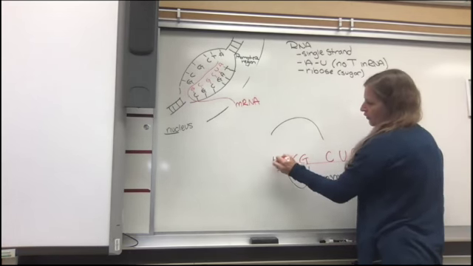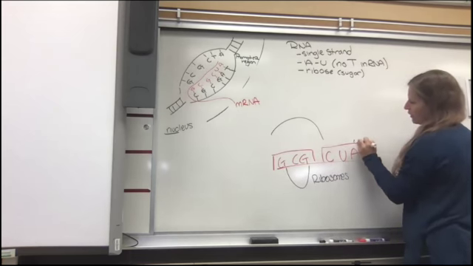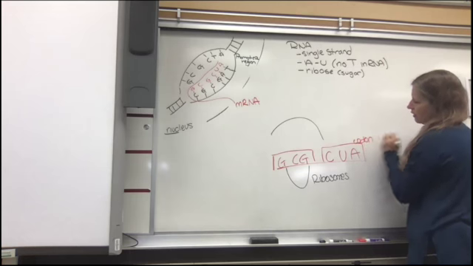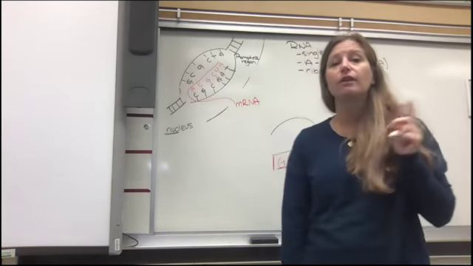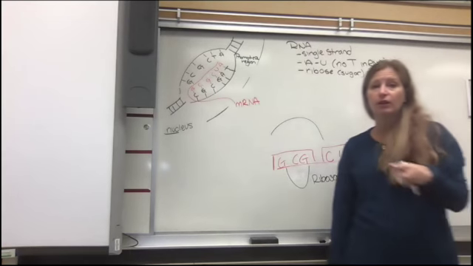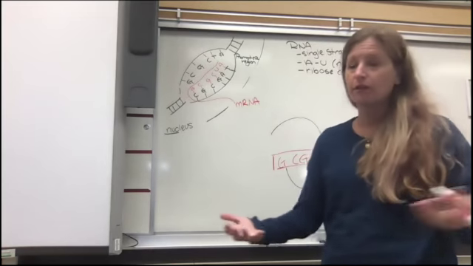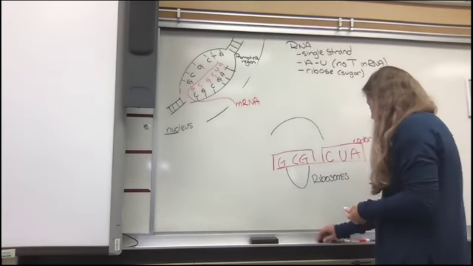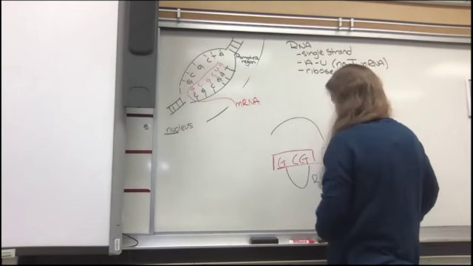On the ribosome, it is read in a group of 3 called a codon. This is the code for what amino acid we are going to put in what order. So the codon is the code. It's the secret message.